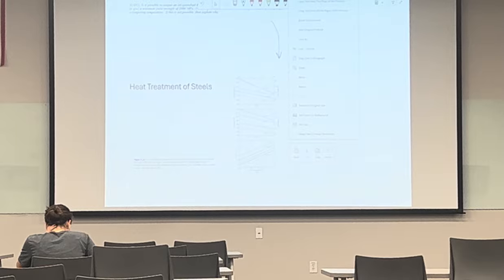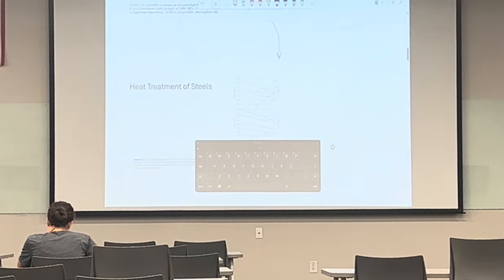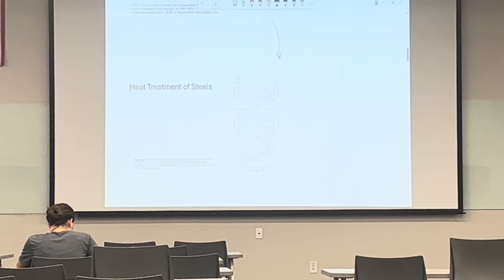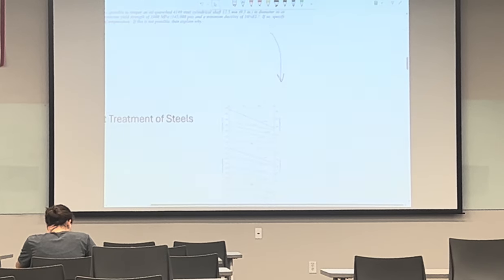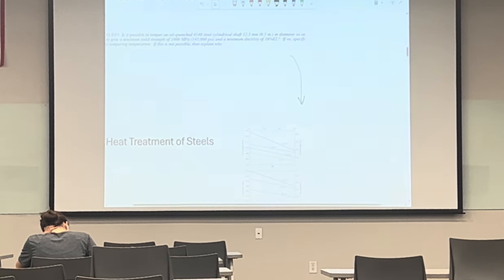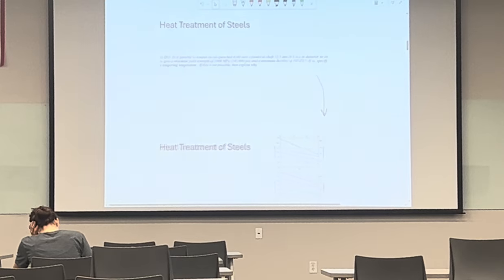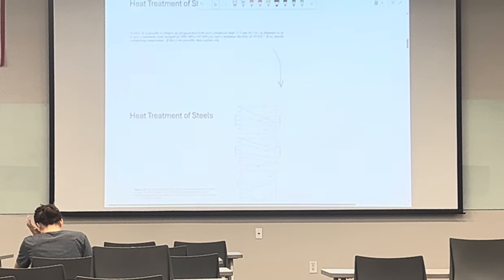Actually, let me see if I can copy and paste and make it smaller so that you can see it from up there. Not easy to see.